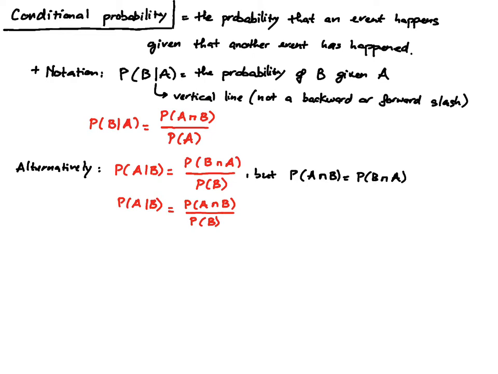Now that leads me to the first lesson for you guys here, which is that whatever you are conditioning on, you should be dividing by the probability of that event.